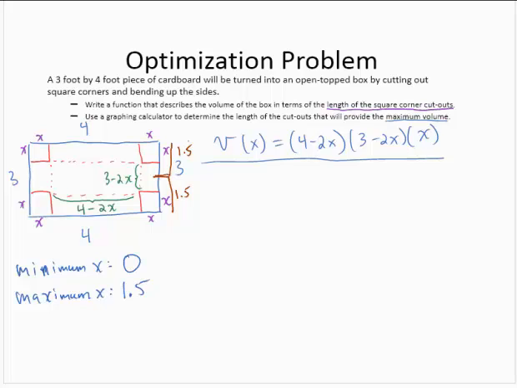You would no longer be able to create a volume, since you'd no longer have a side to bend up. So the maximum value of x is 1.5. That's going to help me when I'm graphing on the calculator.